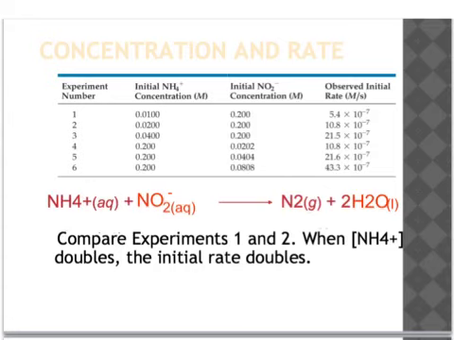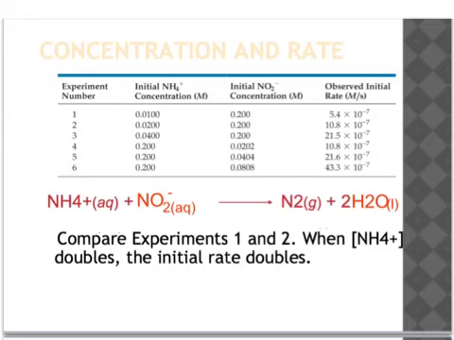Now, this data table shows us a variety of different experiment trials in a reaction using different concentrations of reactants and looking at the rate of the reaction dependent upon the differing concentrations of reactants.